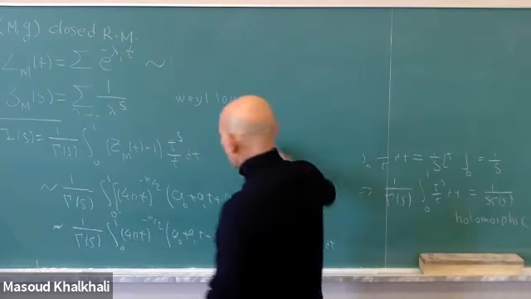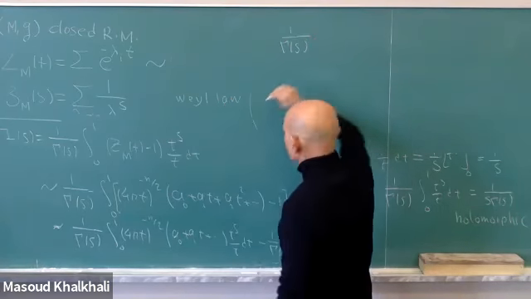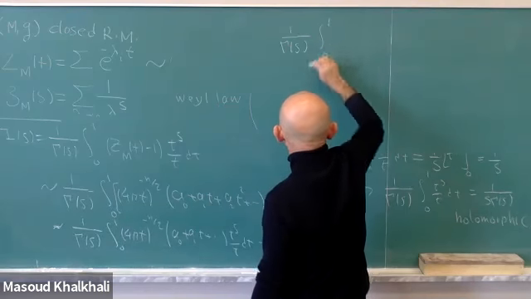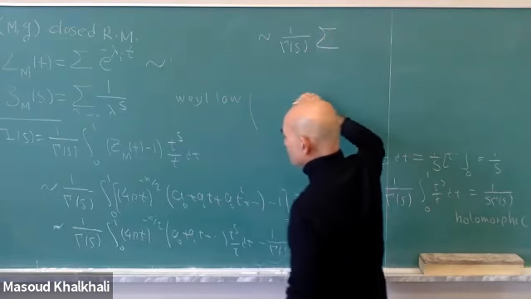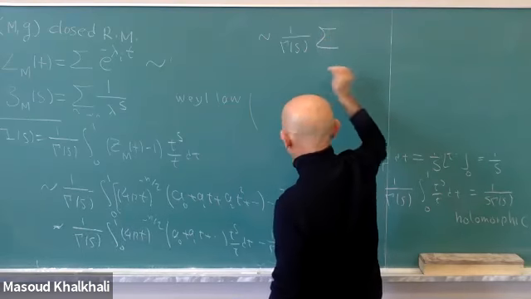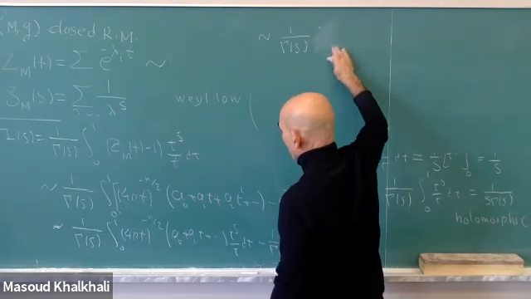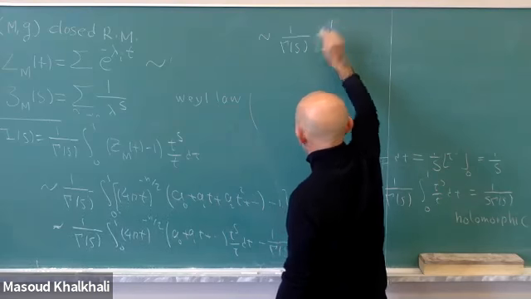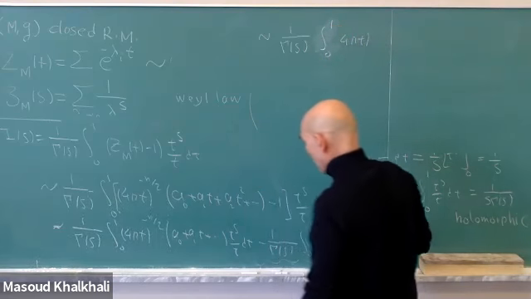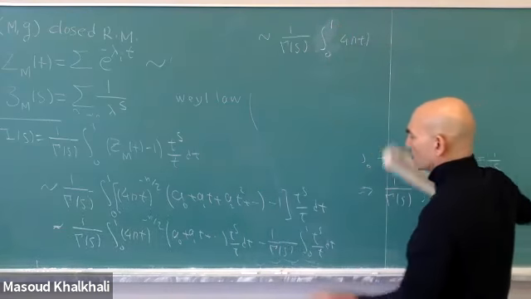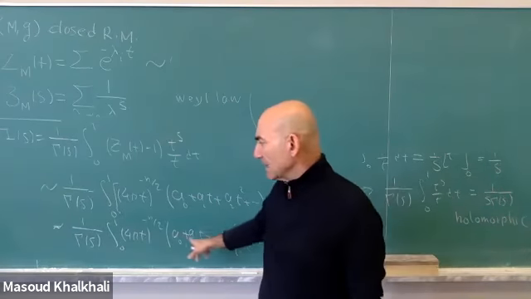So that part is 1 over gamma s, integral 0 to 1. Okay, so let's write it like this: integral 0 to 1, 4 pi t to the minus n over 2. Now, this is an asymptotic expansion.